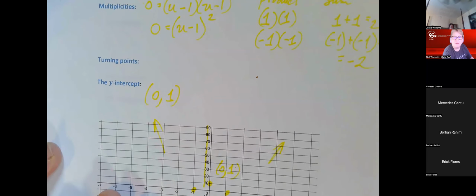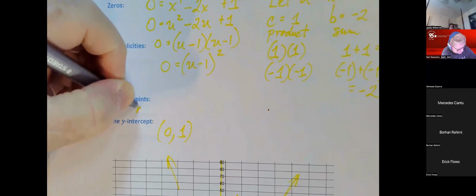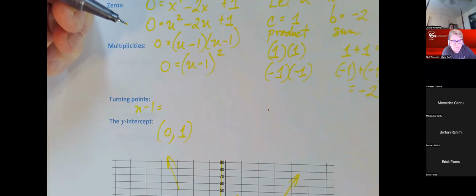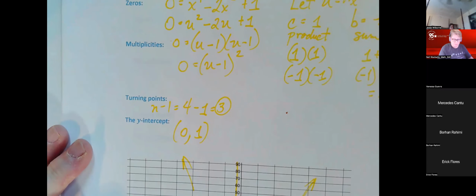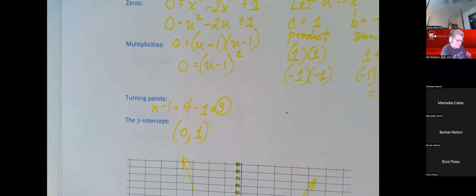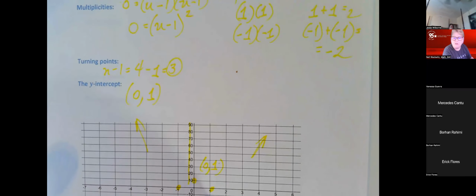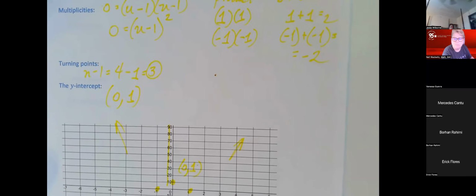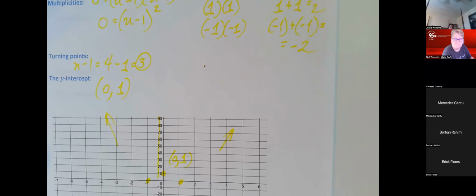And let's go ahead and write down the number of turning points. What was n? 4. Good, so we've got 4 minus 1 is 3. That's the maximum number of turning points. Okay, oh, and what are we doing at 1 and -1? Touching or crossing? Touching because it's even.